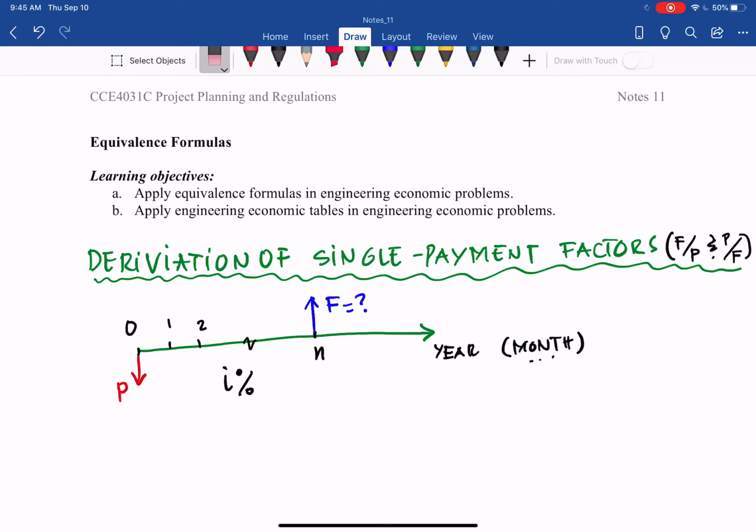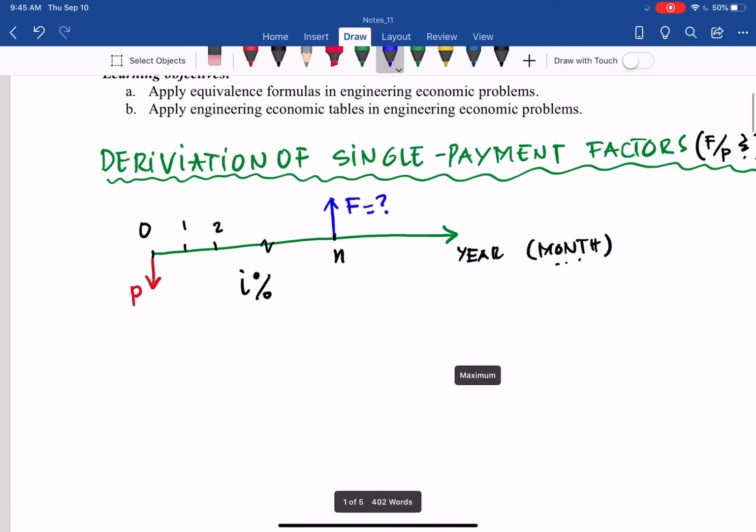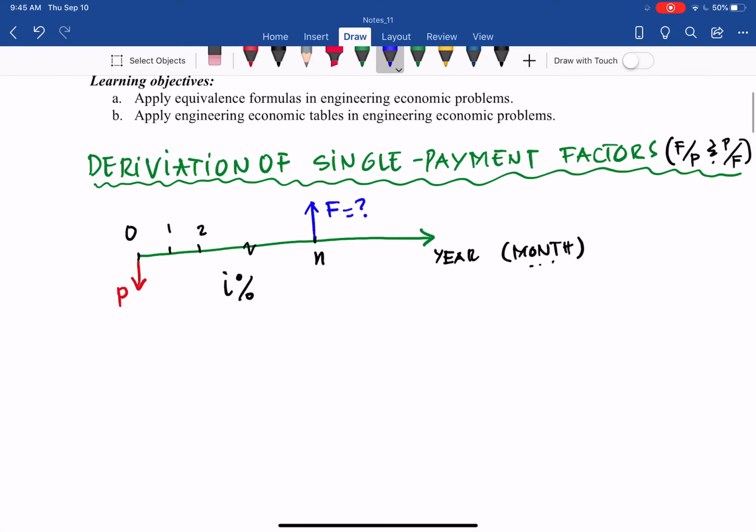The question is, what is the relationship between the present value P at time 0 and the future value F at time n in the future? To know this, you need to know what F and P are from the first lesson video. So what will F be at year 1?